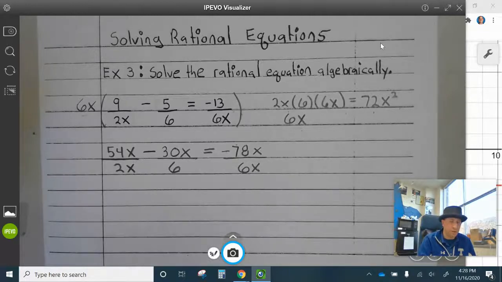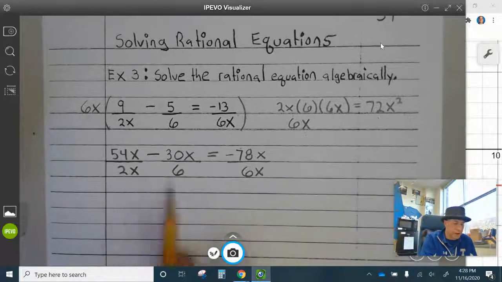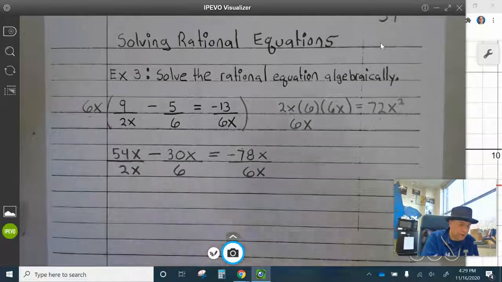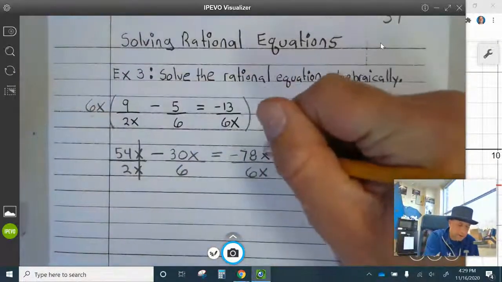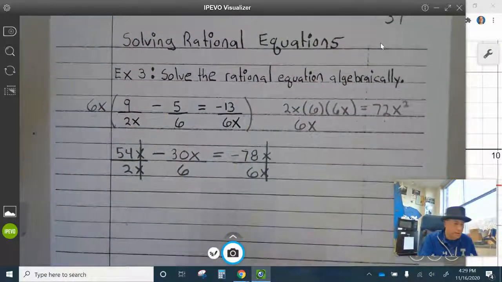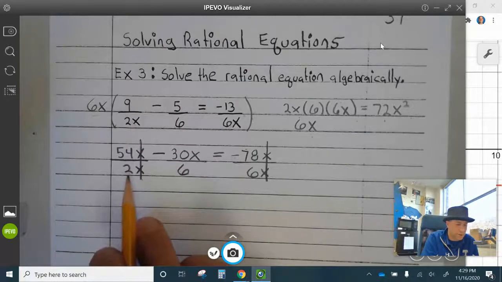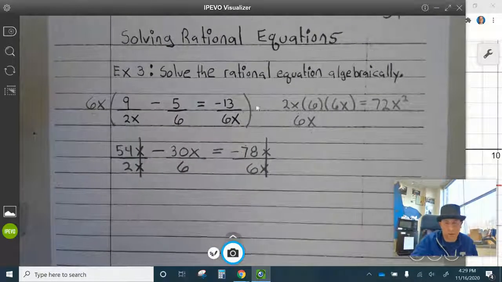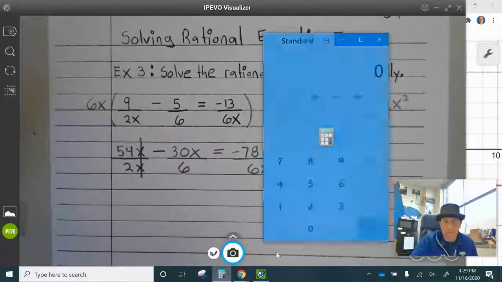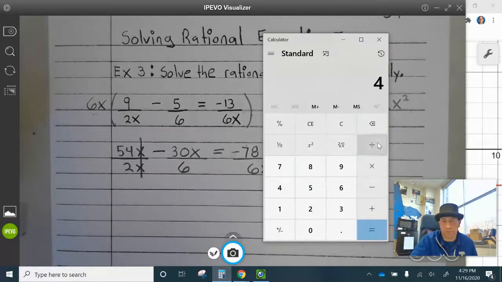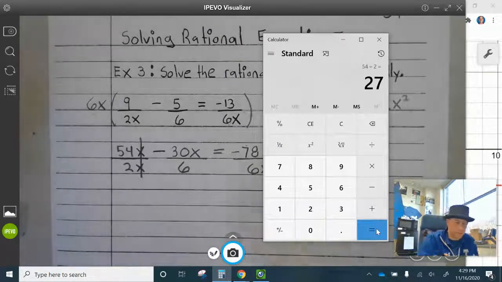Now, if we did this correctly, the denominators will go away. So let's see. 78x divided by 6x, x divided by x is 1. x divided by x is 1. So that's gone. Now, 54 divided by 2 is, let's see. I should know that, but for some reason my mind's blanked. 54 divided by 2 is 27.